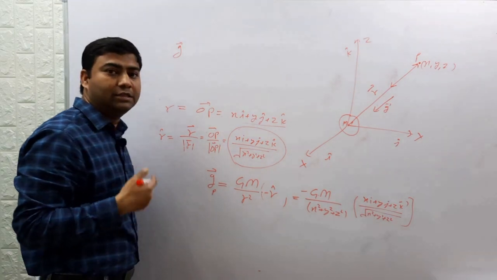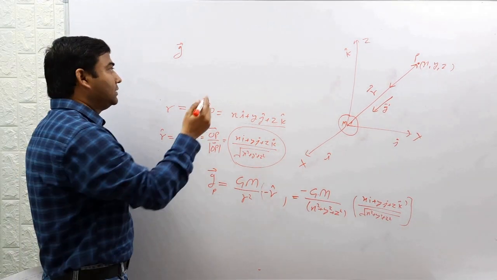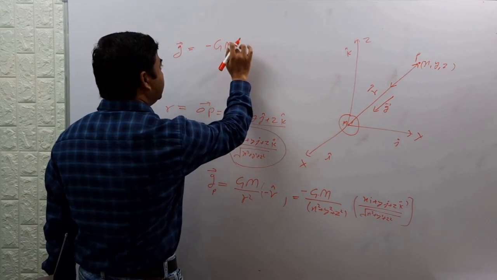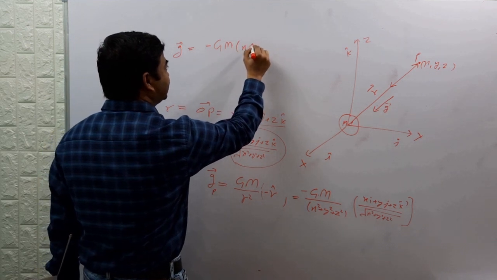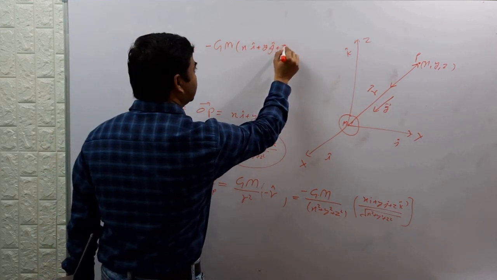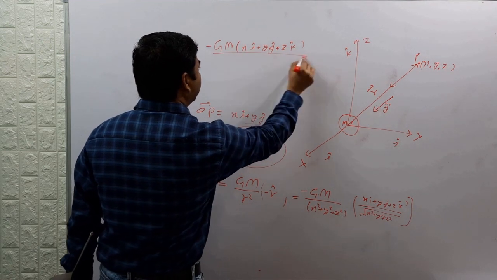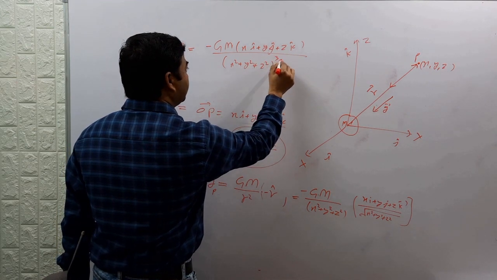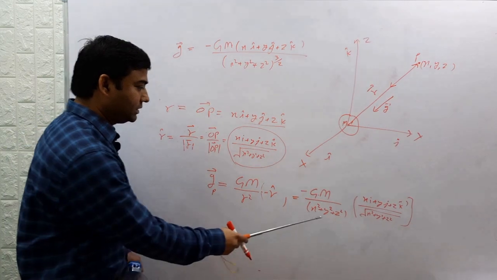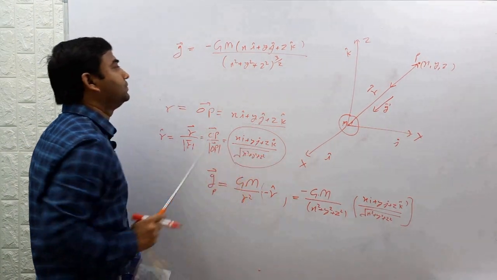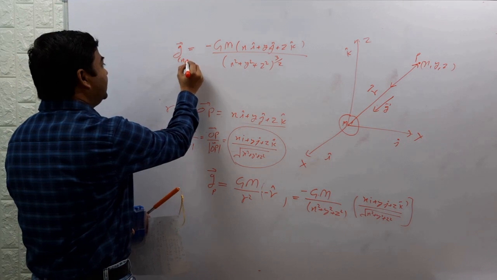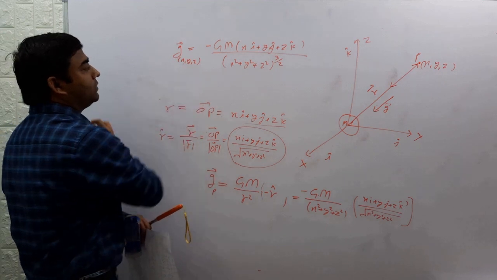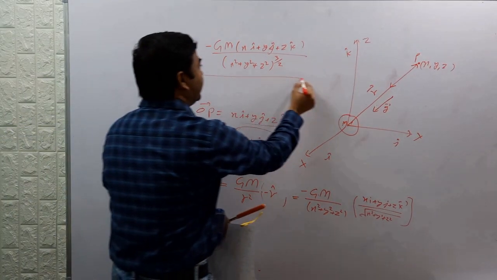In the form of a vector function, this gravitational field can be written as minus Gm times xi plus yj plus zk divided by x square plus y square plus z square to the power 3 by 2. This will be expressed at power 3 by 2. So this is the vector field at point x comma y comma z. The gravitational field at point x comma y comma z is given by this vector function.